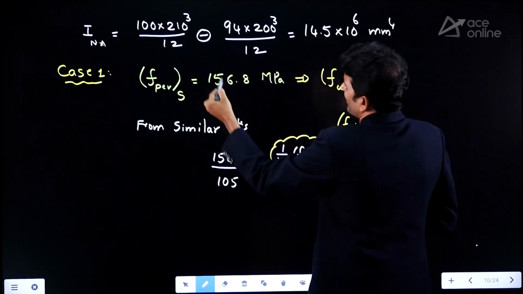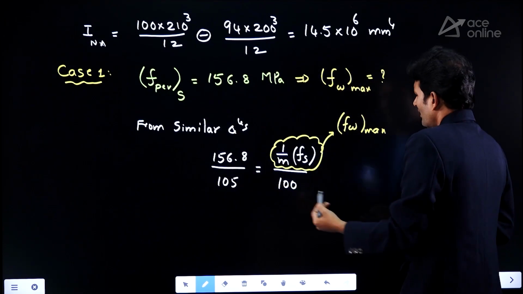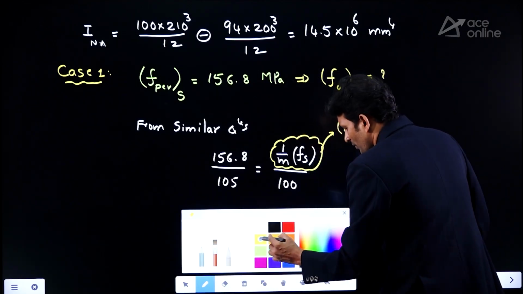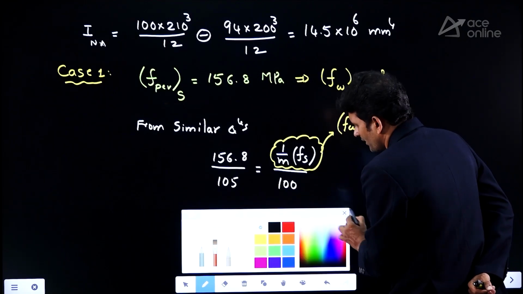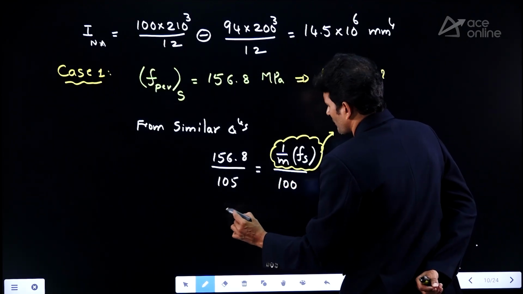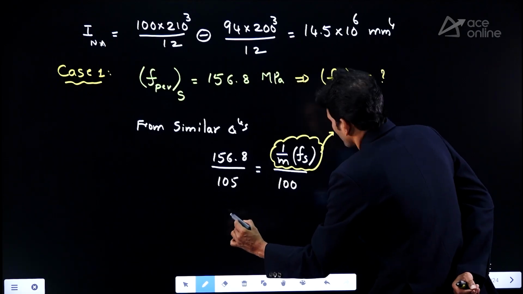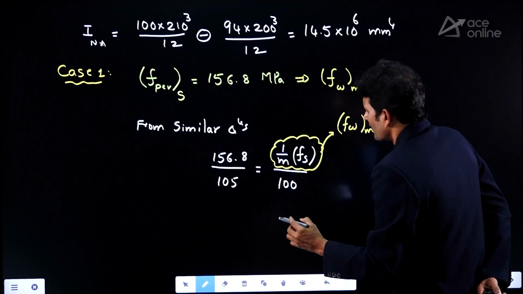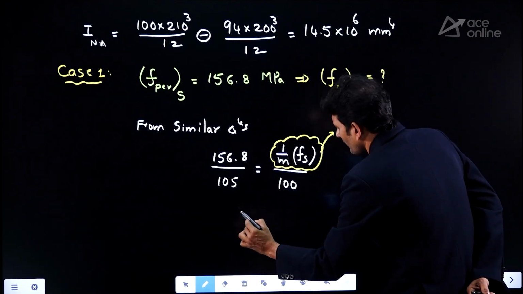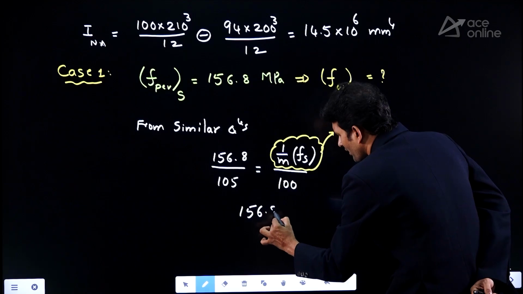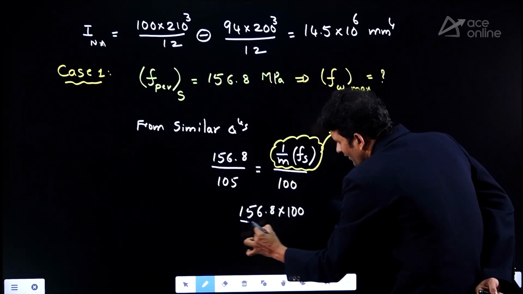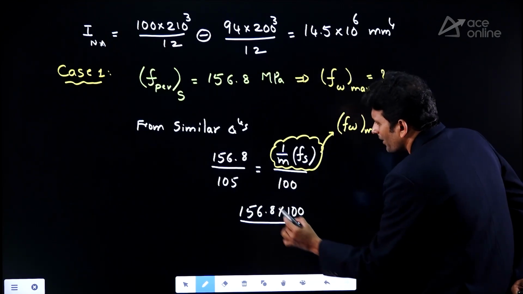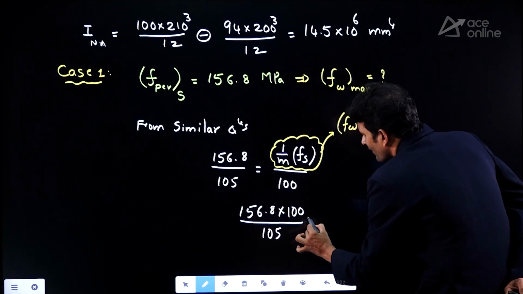If the developed stress is exactly equal to this one, then what happened for the wooden part? That I try to observe. Then if I substitute this one, m already we know, just you can substitute Fs. How I am writing this one? 156.8 into 100 divided by 105.